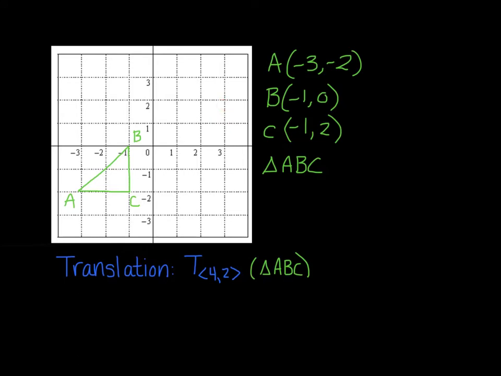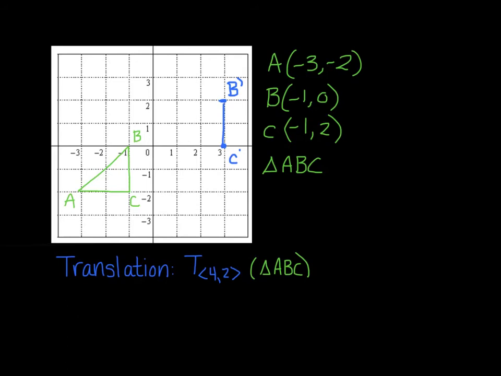That puts B prime right here. It started out as B in what's called the pre-image, and it ended up as B prime in the image. C does the same thing, 4 over, up 2, and becomes C prime there, and I can connect those.